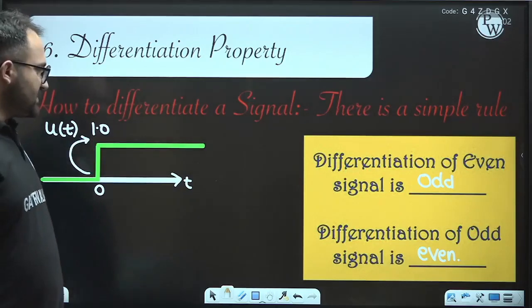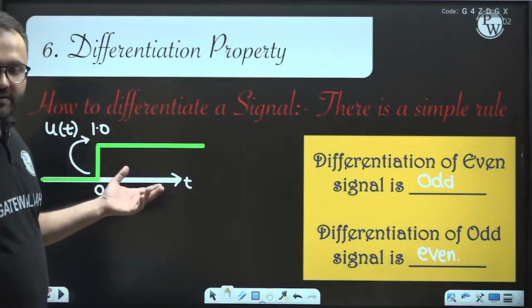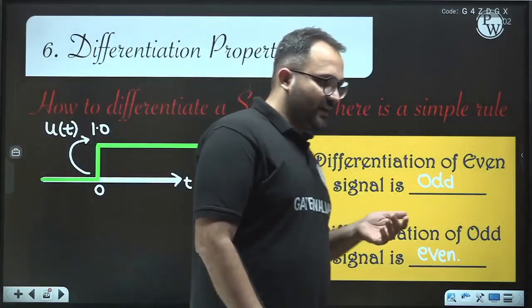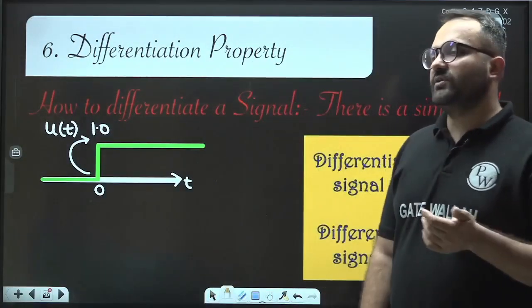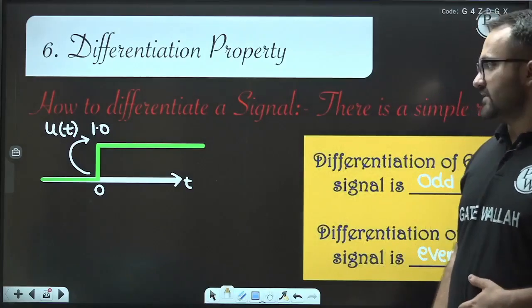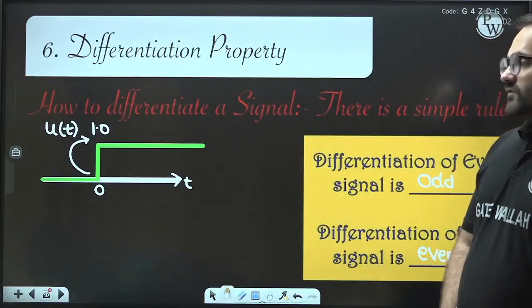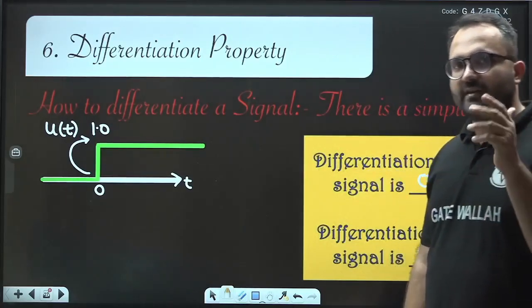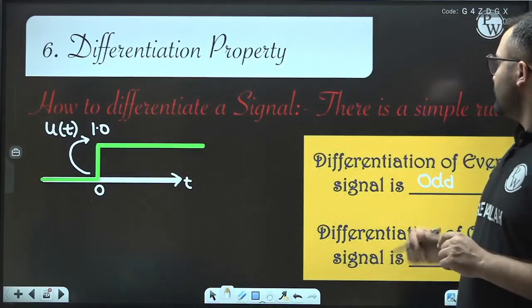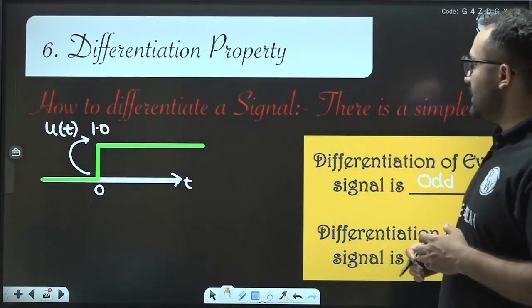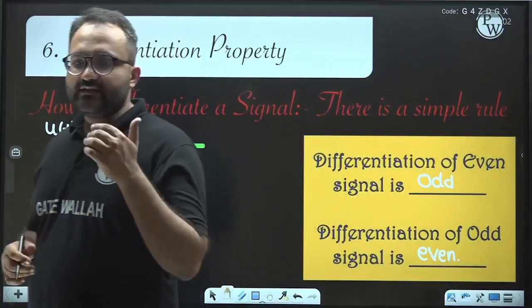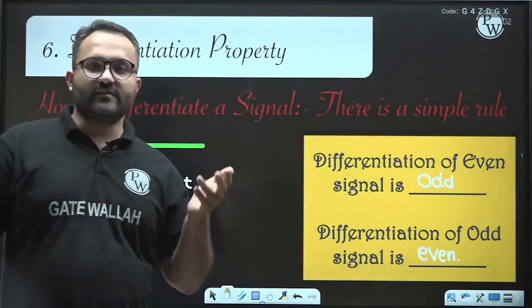Now, since there is a sudden jump, if we differentiate this, we have a delta. We know that integration of delta gives us the unit step, and differentiation of the unit step gives us delta. So whenever in any signal we have a sudden jump, then at that particular location the differentiation will have a delta.